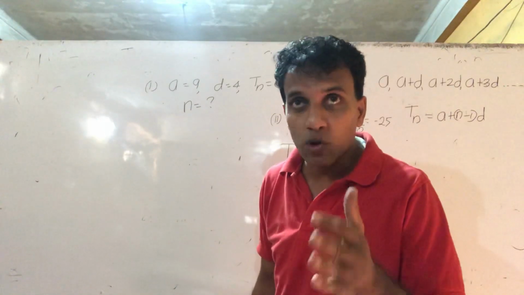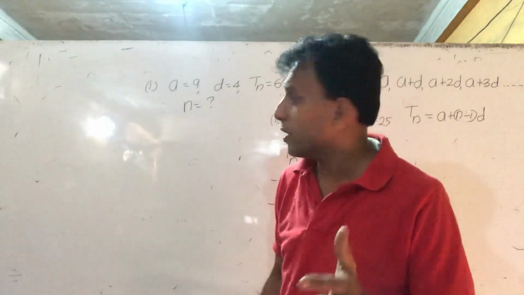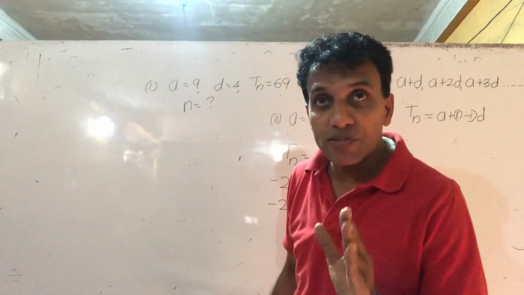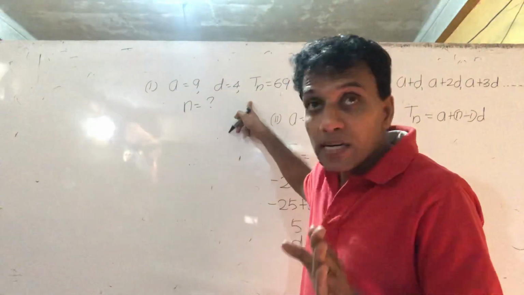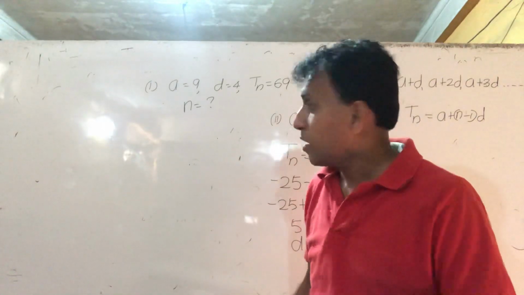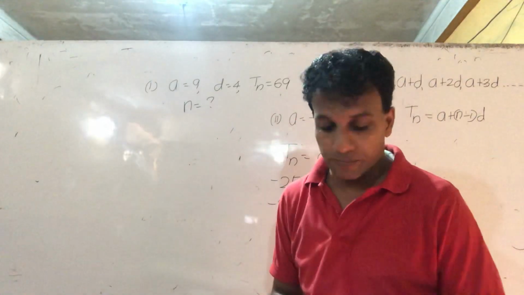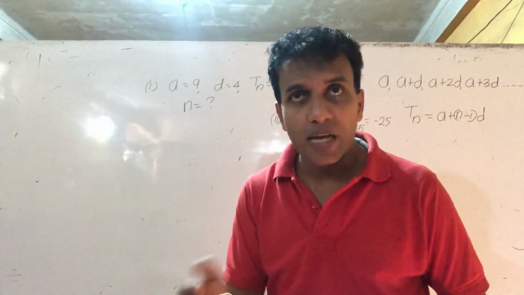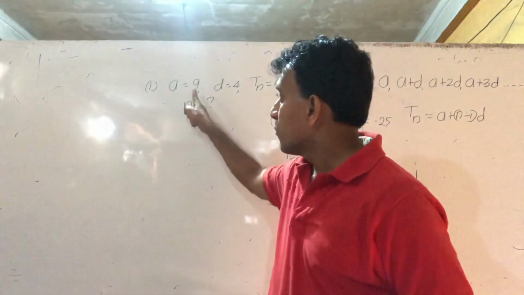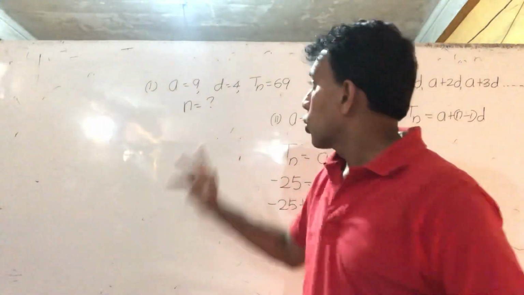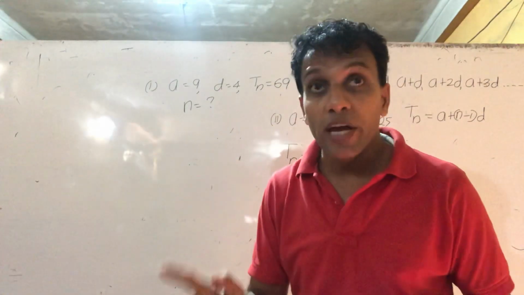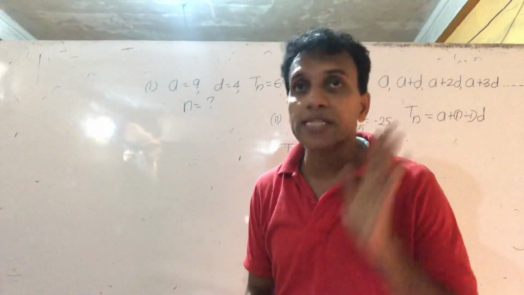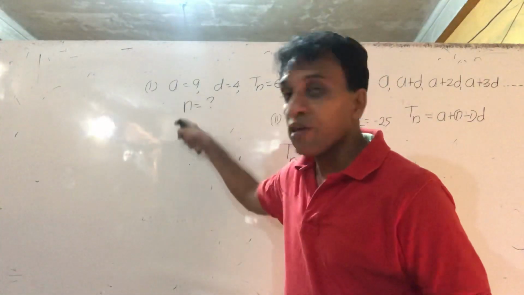In an AP, short form for arithmetic progression, first term is 9, common difference is 4, nth term is 69. Find the value of N. Another pattern they provide like this: in an AP, first term is 9, common difference is 4. Which term is 69? You will find the N value.